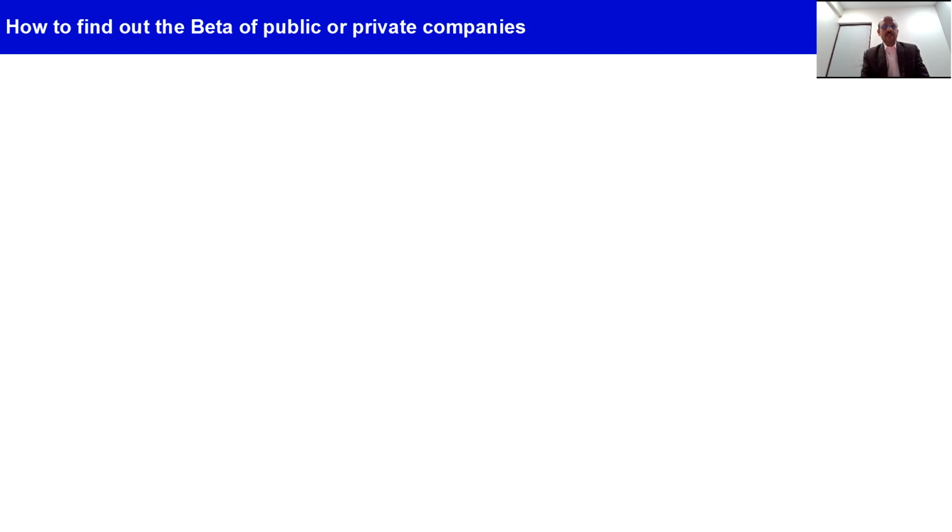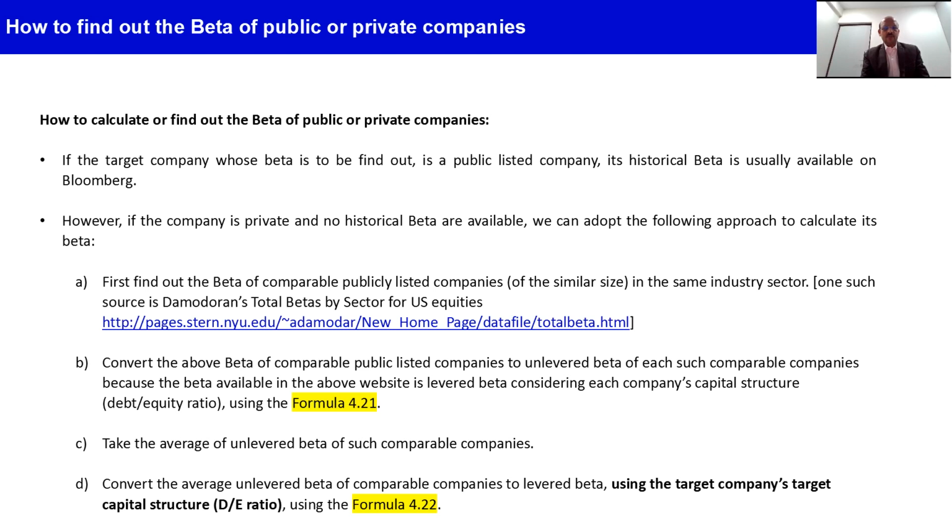The next question is, how do we find the beta of public companies which are listed, or private companies? If we don't want to go through this exercise of using the formula and compiling historical data, there are various ways and means. If the target company is a listed company, we can easily get its beta from Bloomberg's website. Bloomberg has a database of various publicly listed companies in various countries.